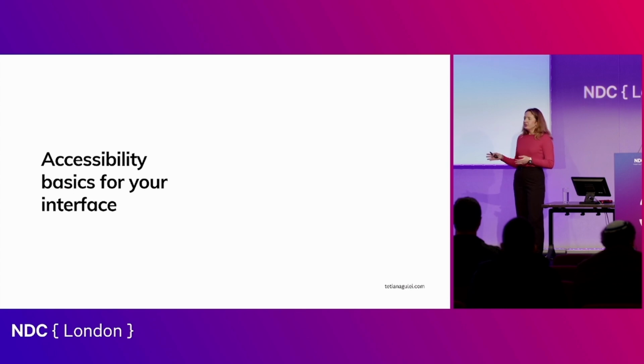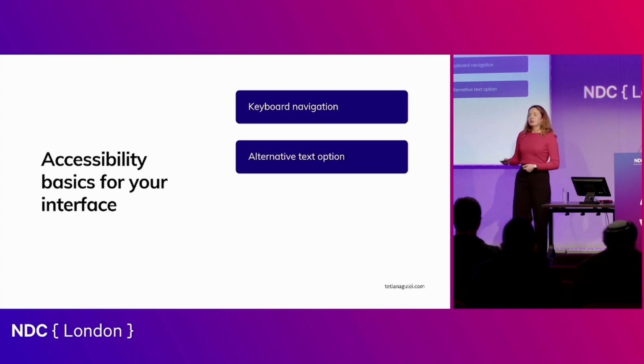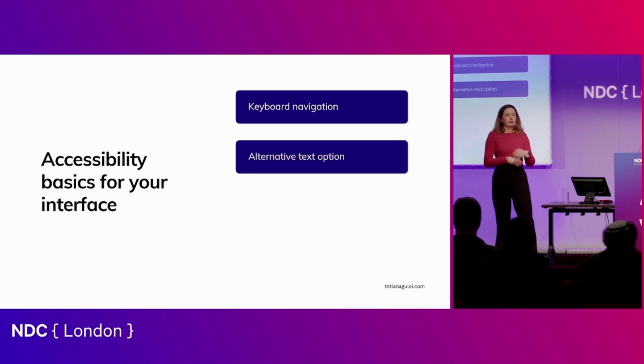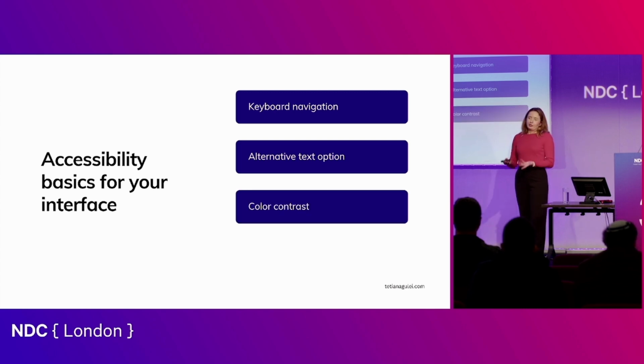So some basics of accessibility to consider implementing, if you didn't do it yet, is, first of all, keyboard navigation. So let your users navigate with keyboard, not only with the mouse. Then provide alternative text for all images so that it can be read by screen readers. Then, of course, color contrast.